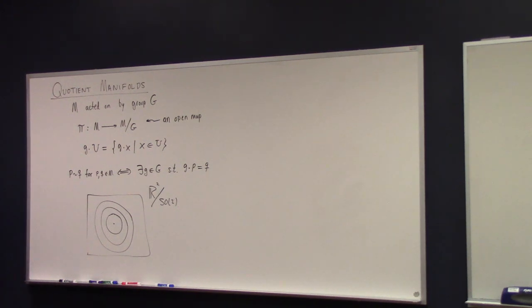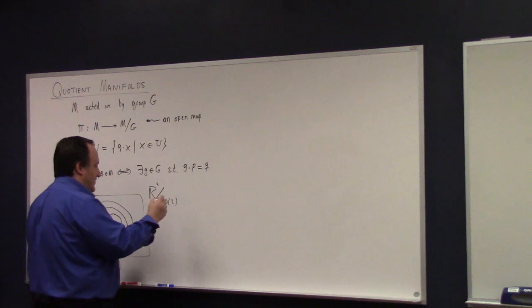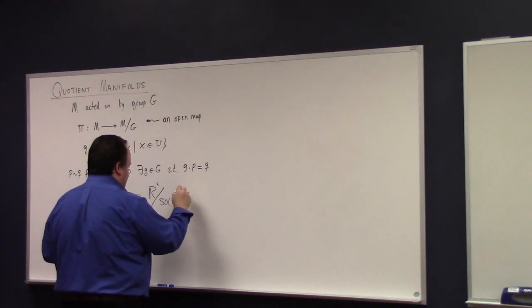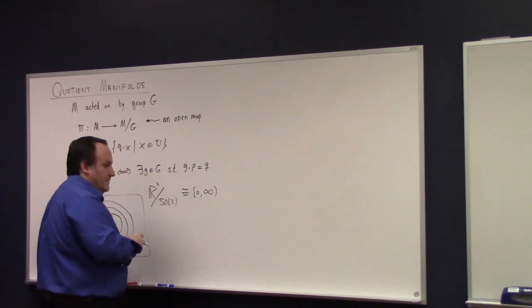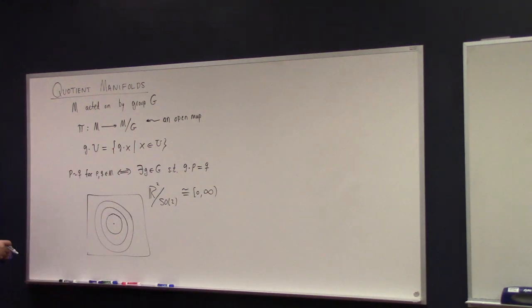So what is this isomorphic to? You can probably figure it out. You can identify it with 0 to infinity, right? Where the representative for each circle is defined by the radius.